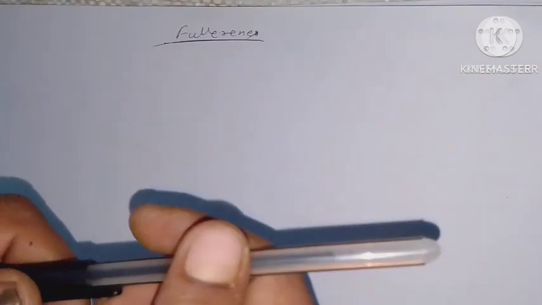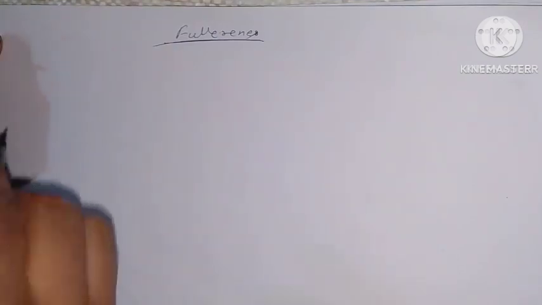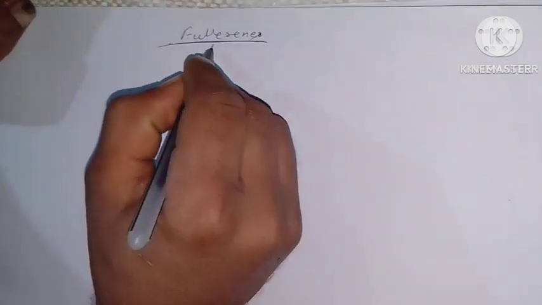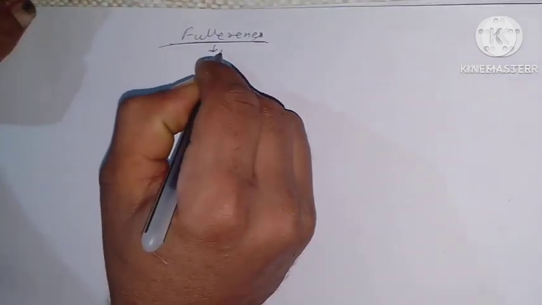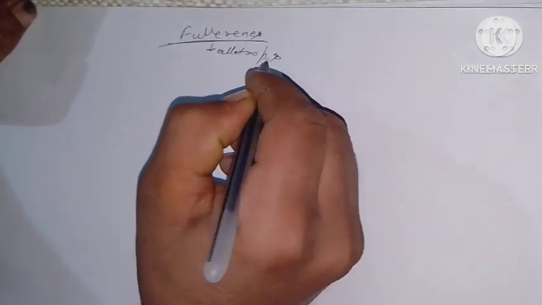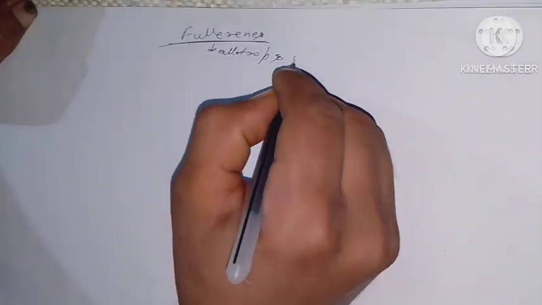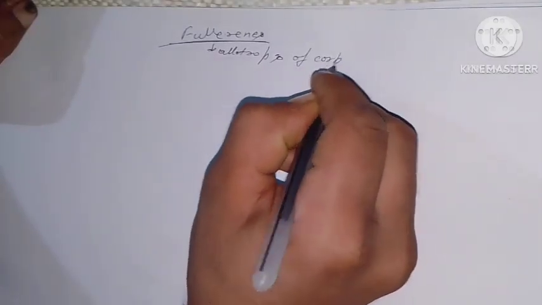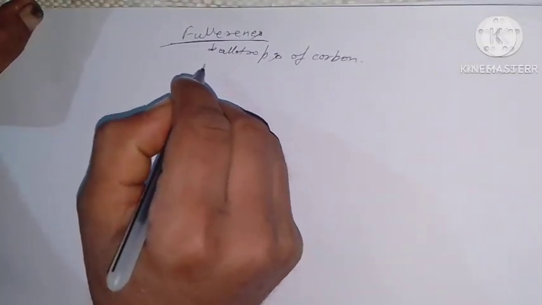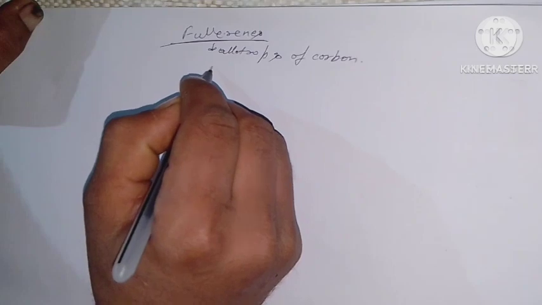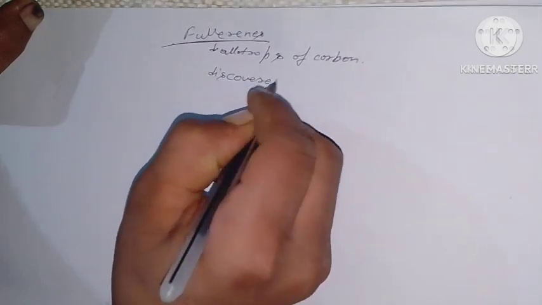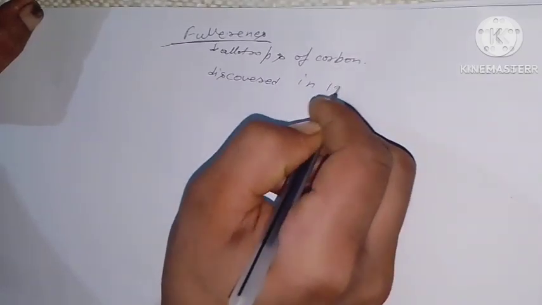Preparation of fullerenes. Fullerenes are newly discovered allotropes of carbon, which were discovered in 1980.